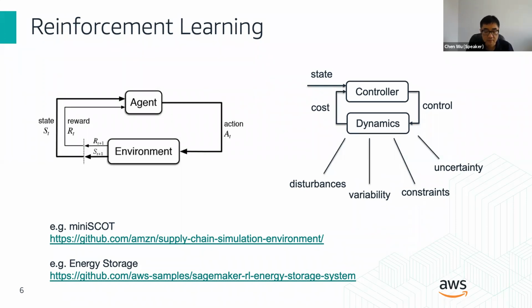The other one is that my team members and I have been contributing a series of RL-based environments, and one of them is the energy storage system. This is an energy arbitrage system where you can sell energy back to the grid, based on demand and supply and the fluctuations of the price on the market, and you can develop an agent to do that.